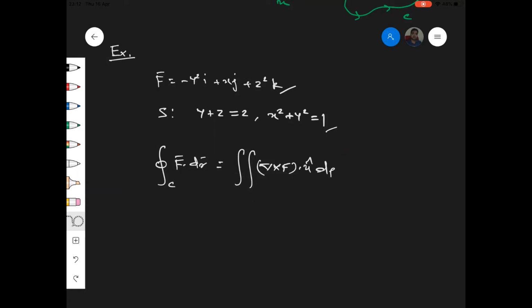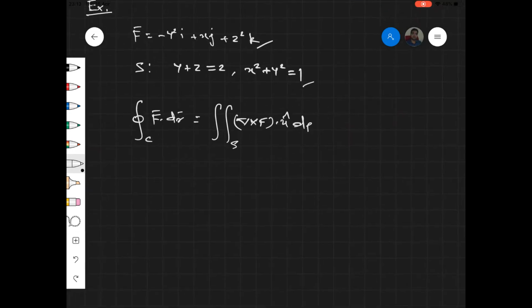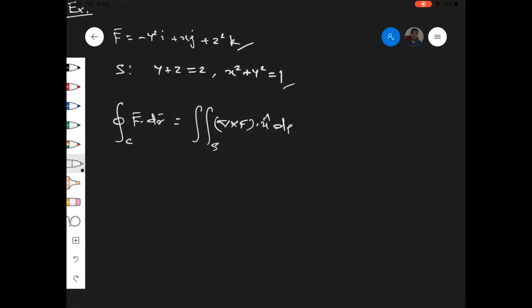And this is about the surface S. So let's first draw the surface S. So we have this situation. This one is say x-axis, this is y-axis, and this is z-axis. And we have a plane y plus z equals 2.